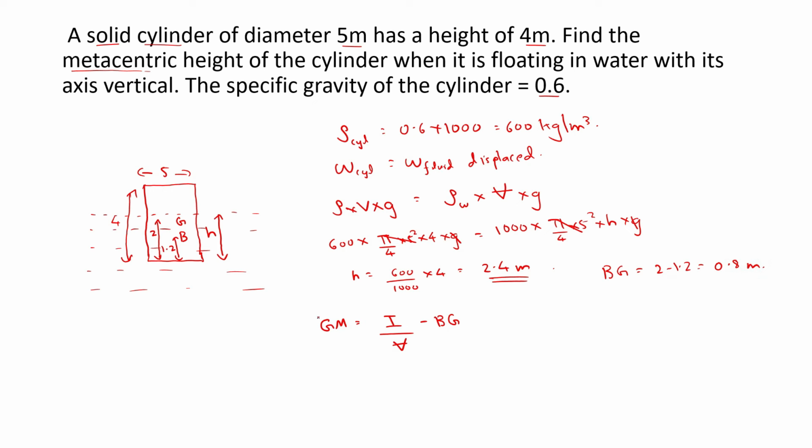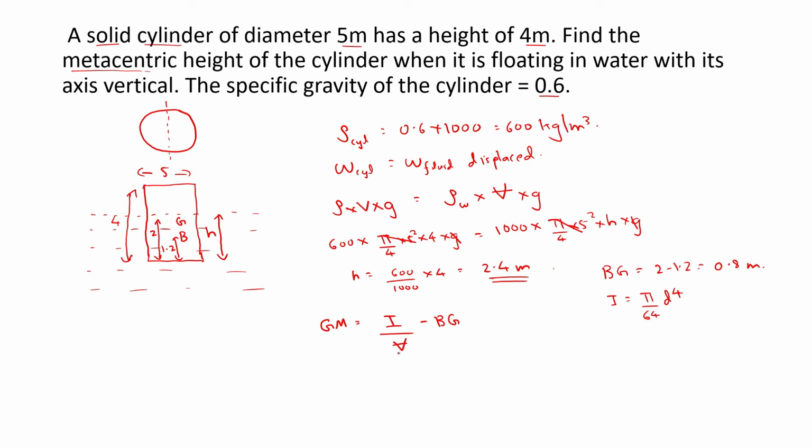And what is I? See, on the top view you can see that this is a cylinder, so you need to find the moment of inertia of the top area about this axis. So I here is equal to pi by 64 d raised to 4, is the moment of inertia of the top view.